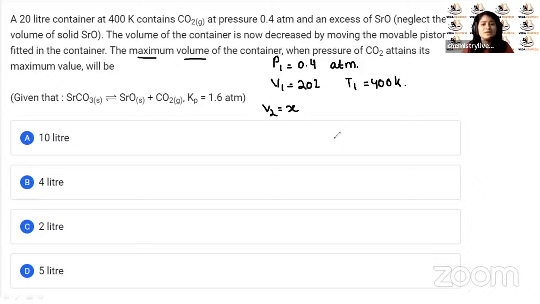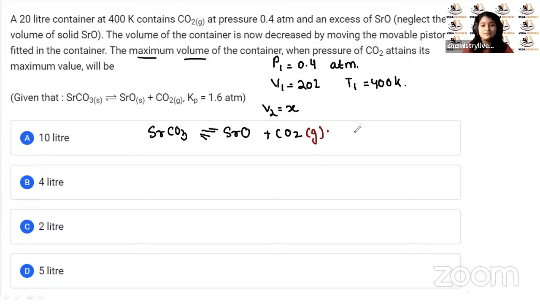Now what is being told to you here, children? The temperature has not been changed. The volume of the container is decreased by moving the movable piston. Now we know that we are being given SrCO3 giving SrO plus CO2. So in this reaction, what is your Kp?